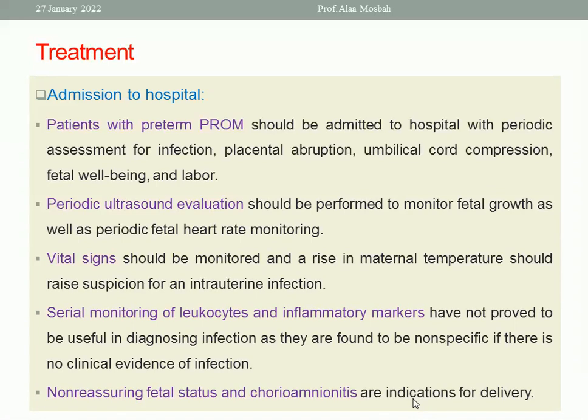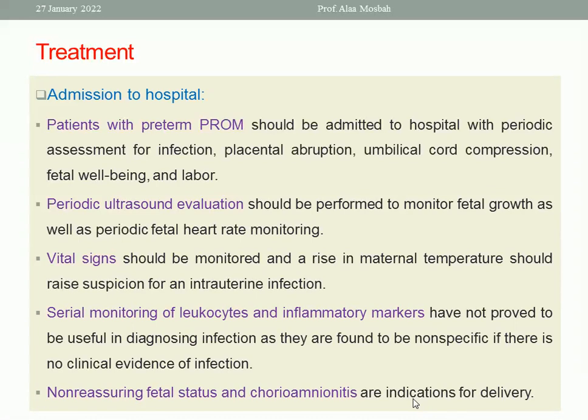Okay, during expectant management in hospital, you should do serial monitoring for leukocytes and inflammatory marker. In the past, yes, we did that. But currently and recently, it was found that it is not specific for diagnosing infection, because these leukocytes and C-reactive protein can be increased due to other reasons rather than amniotic fluid infection like chorioamnionitis and so on.